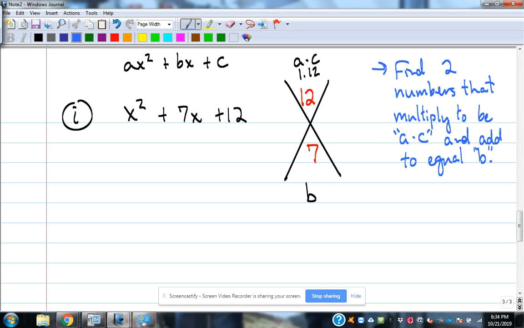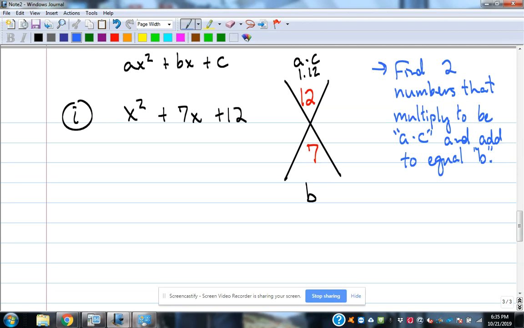So for us, we need two numbers that multiply to be 12 and add to be 7. That's what we're looking for here. Okay. So what it does is it narrows me down from every number in the world to only the numbers that multiply to be 12.